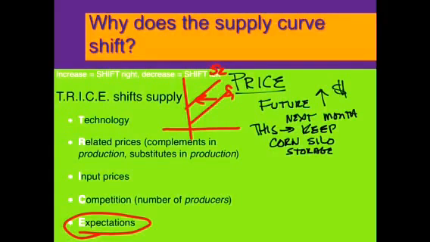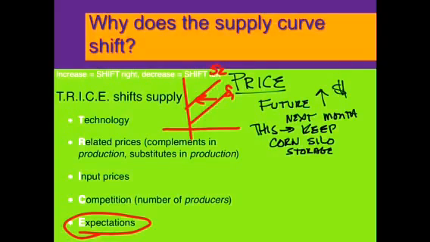Okay? Because you're expecting future prices to change, in this case, increase. So this may cause farmers to decrease the supply to the market today.